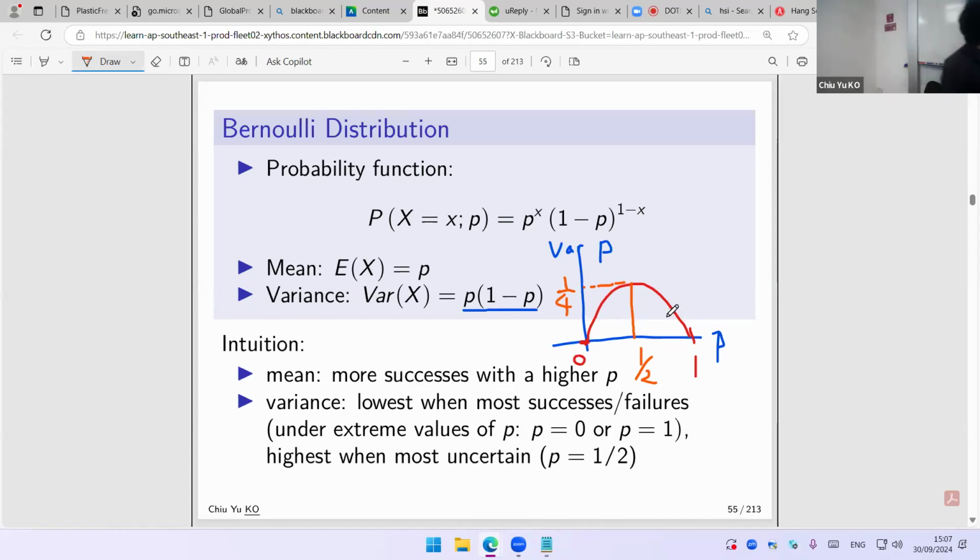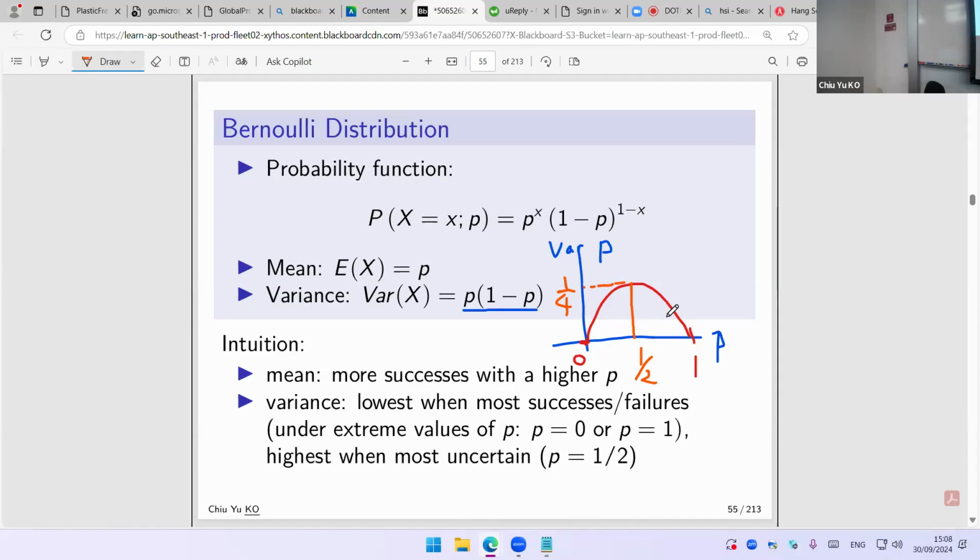It's very simple because when P is 0, this variance is 0. When P is 1, the variance is also 0. Why is that the case? When P is 1, that means always success. What's the variance? No variance because everything is successful. When P is 0, everything you do is a failure, so there's no variance.